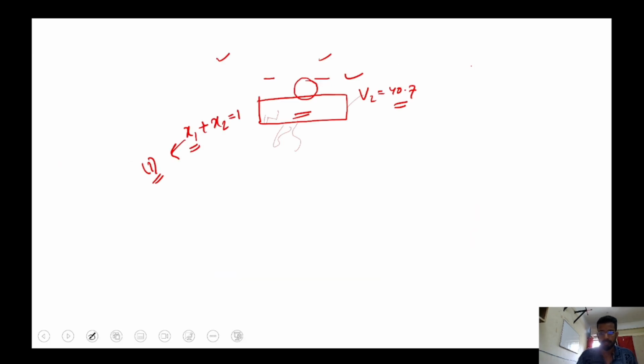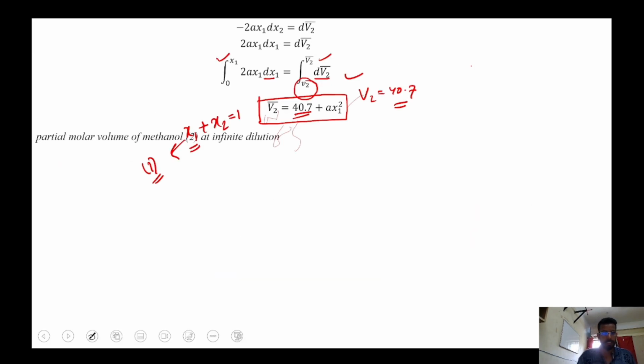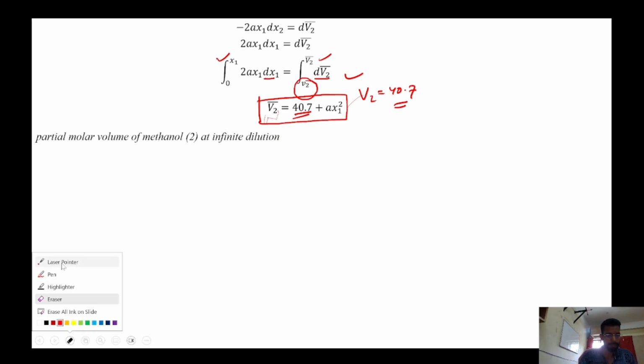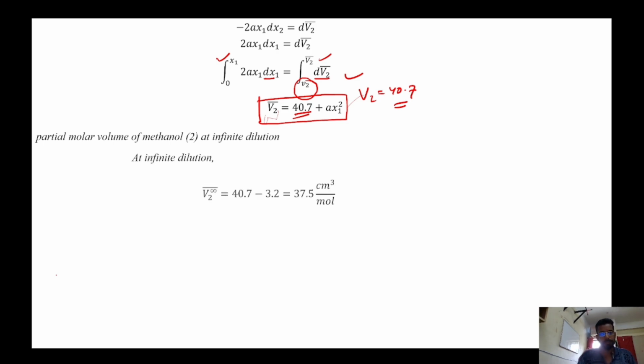Now, second thing, you have to calculate the infinite dilution, right? So at infinite dilution, V2 infinite will be this. How? From this equation, always remember.